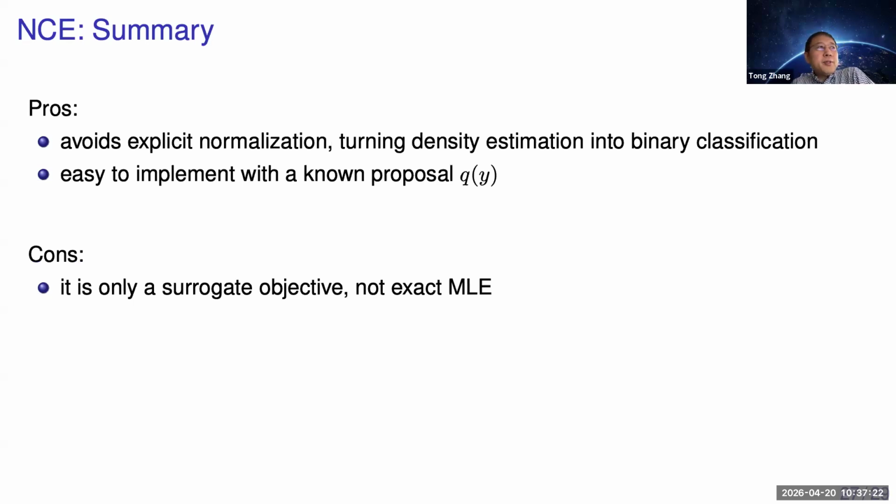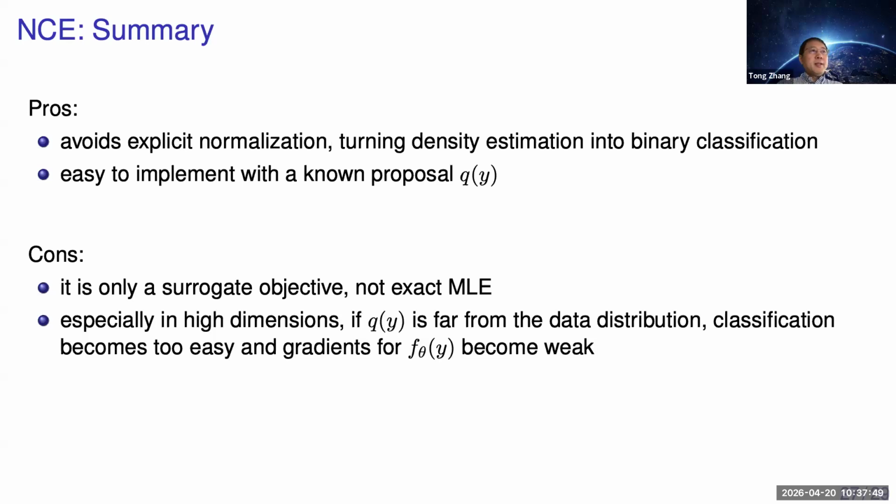Cons actually, one thing is, people generally like maximum likelihood estimate more. Usually those are more efficient. So this is not exactly MLE. But in practice, what's wrong with this loss rather than the maximum likelihood estimate loss?